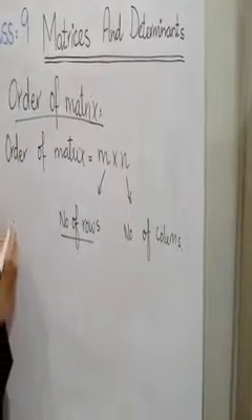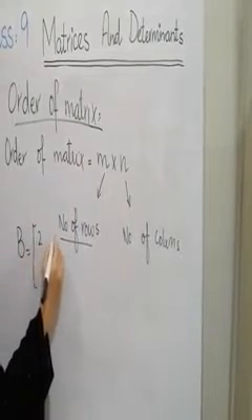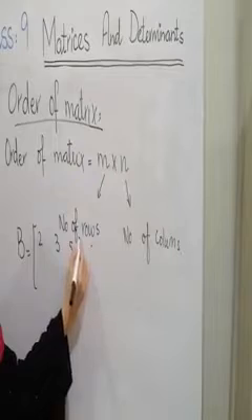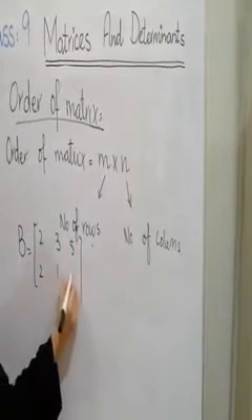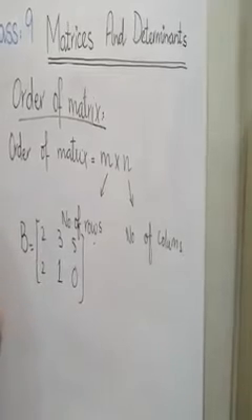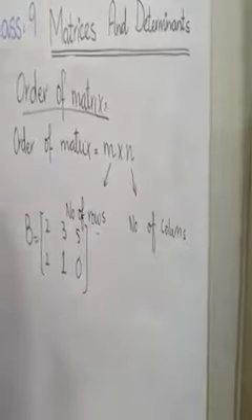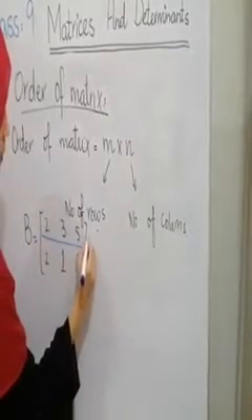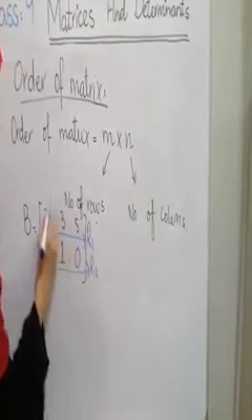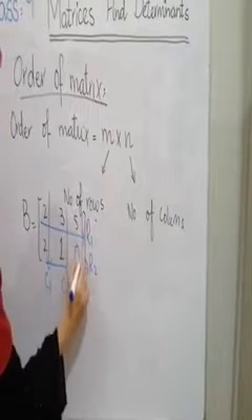Okay, let's take an example. Suppose we have matrix B and we have to find out its order. So identify the number of rows and columns of matrix B. It has row 1 and row 2. Now check its columns: C1, C2 and C3.